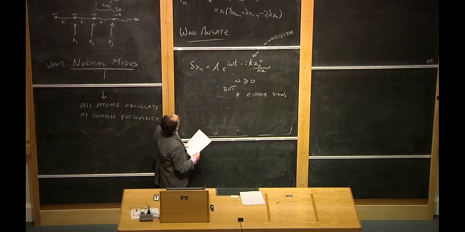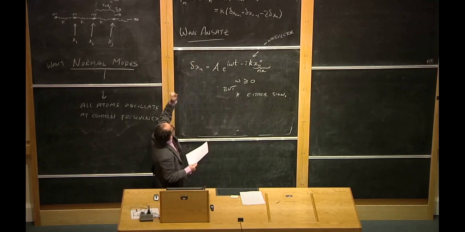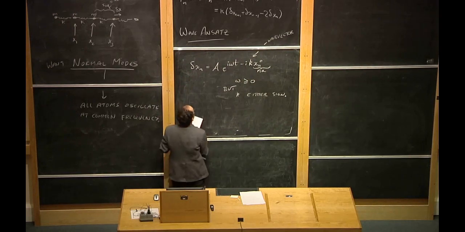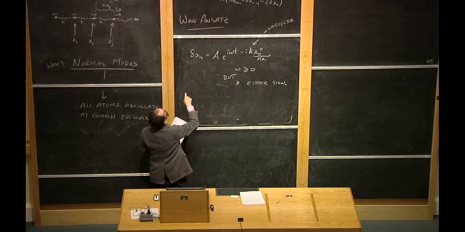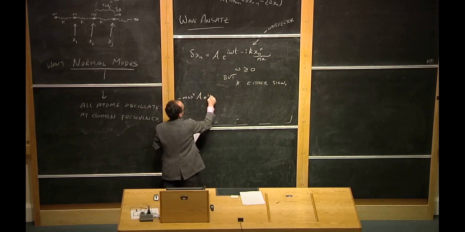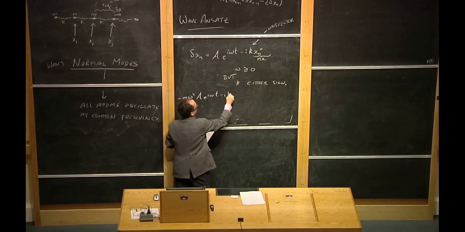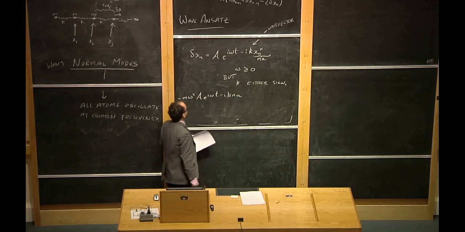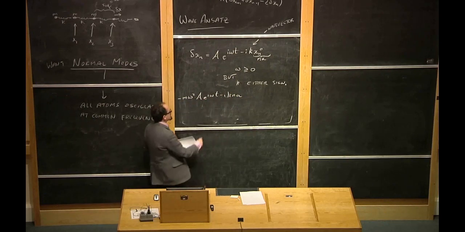Okay? So then all we have to do is take this wave ansatz, plug it into Newton's equations up there, and see what we get. All right? Well, if we plug it in on the left-hand side, we get minus m omega squared times a e to the i omega t minus i k n a. Two derivatives brings down minus omega squared.